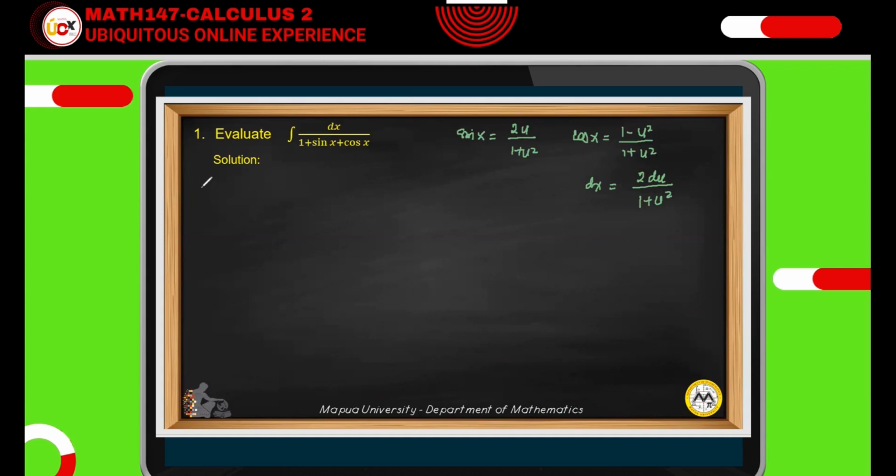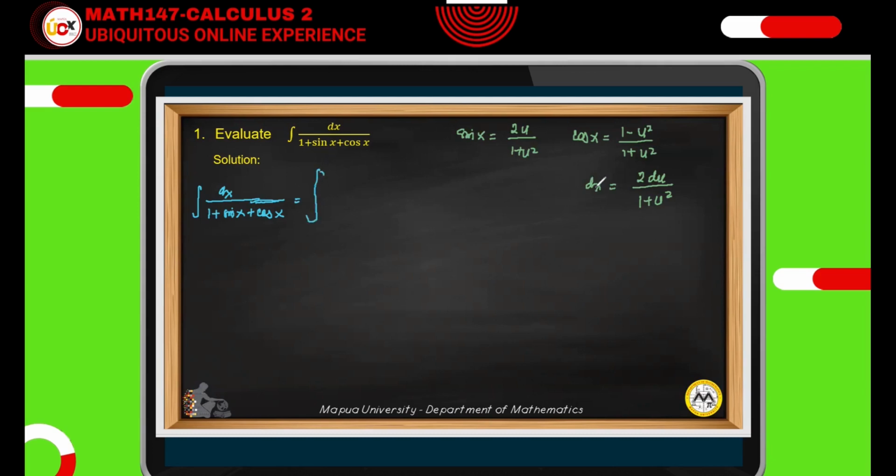Hence, if we are going to evaluate the integral of the differential of x over 1 plus sine of x plus cosine of x, let us now do the substitution.